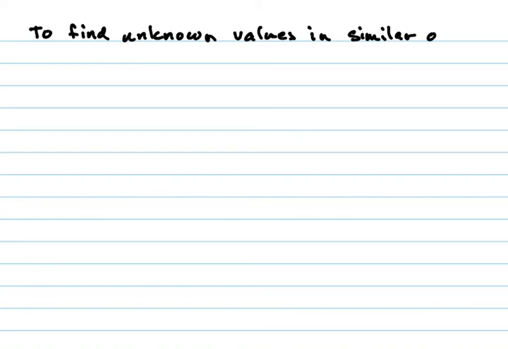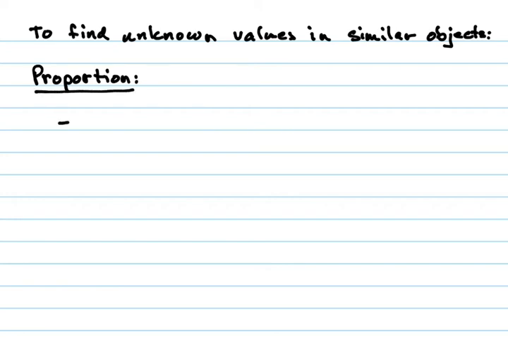So, to find unknown values in similar objects, and these are going to be polygons, so squares, rectangles, triangles, that kind of thing, we're going to use something called a proportion.